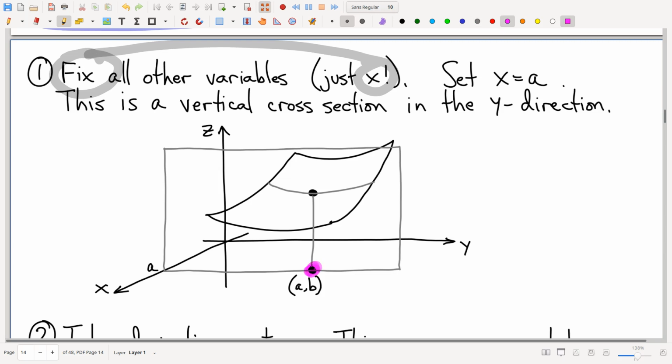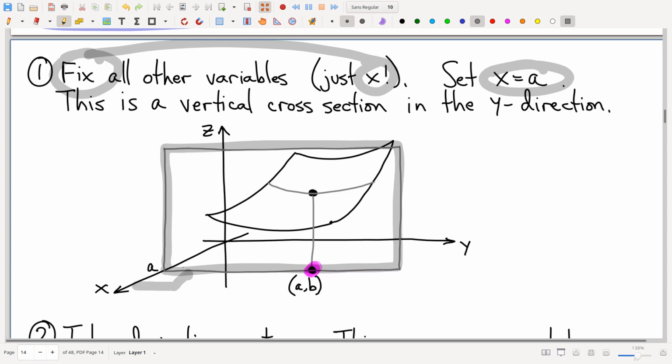If we're starting at a point where x is a, and if x isn't allowed to change, then that means x is stuck being a, which is the equation of this vertical plane, you'll notice perpendicular to the x-axis. So geometrically, the first step in our process is to take the appropriate vertical cross-section of our graph.